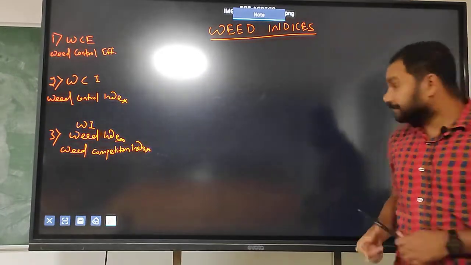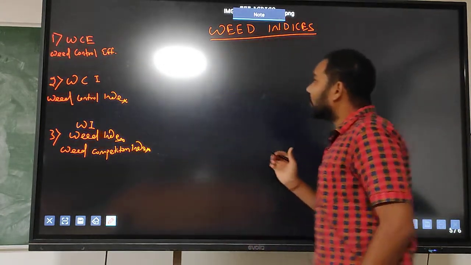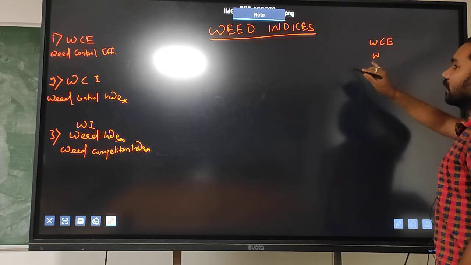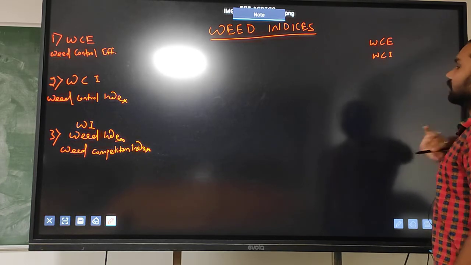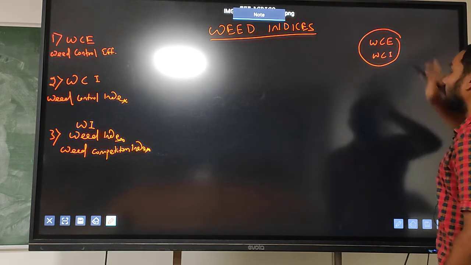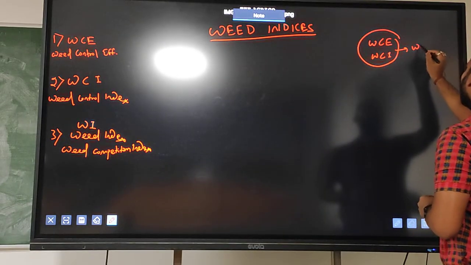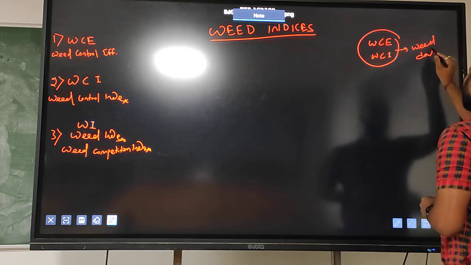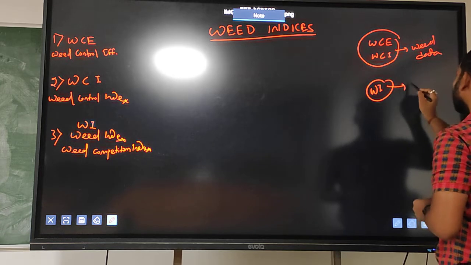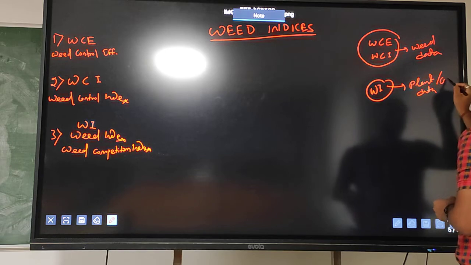Okay. So first two parameters. One is weed control efficiency, and another is weed control index. Always remember, these two parameters are based on the weed data, whereas weed index is based on the plant data, or you can say the crop data.